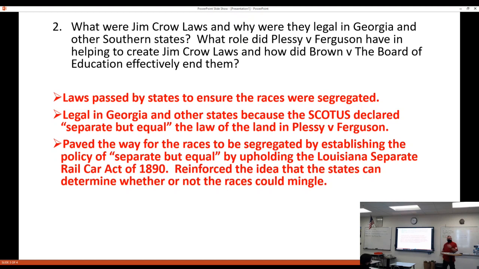But in Loving versus Virginia, the couple was married in Las Vegas, in Nevada, and their marriage is legal, but they moved to Virginia. Virginia has Jim Crow laws in place that state, much like the one we saw in Georgia, that white people could only marry white people. Well, the Lovings, he's white, she's black. So is their marriage legal in Virginia?